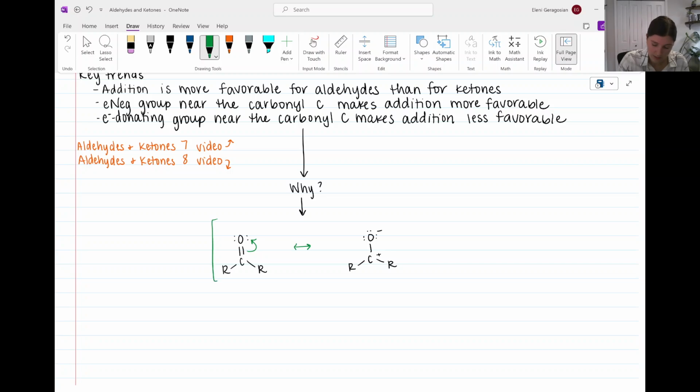So these are resonance structures for this molecule. This carbonyl carbon, this molecule in general, is less stable with electron withdrawing R groups.